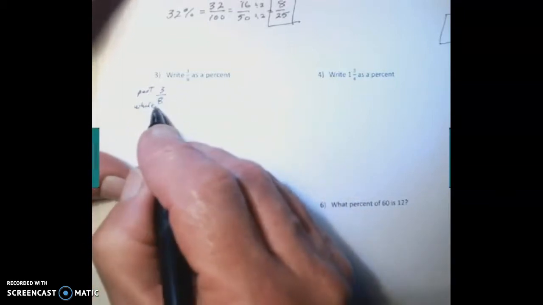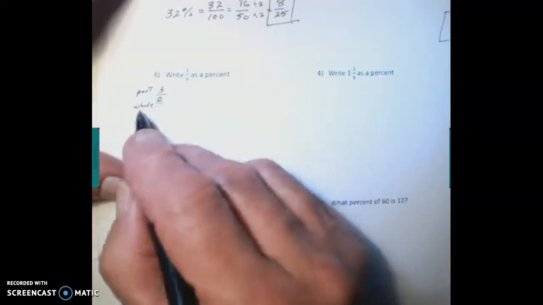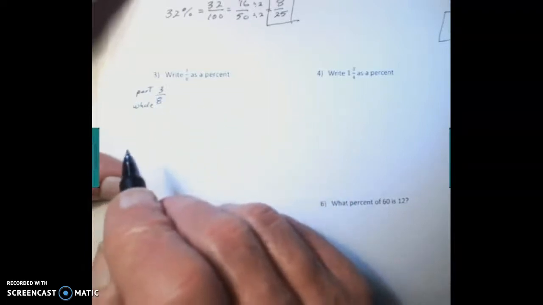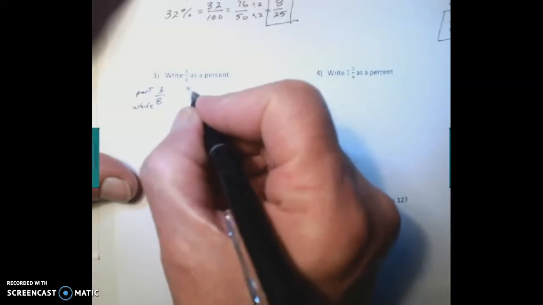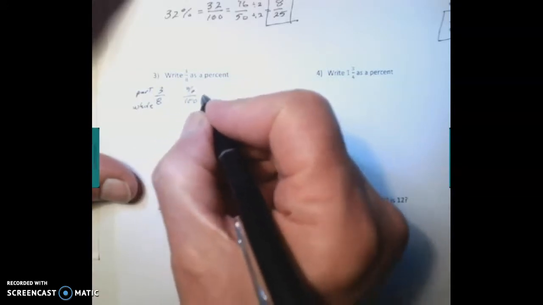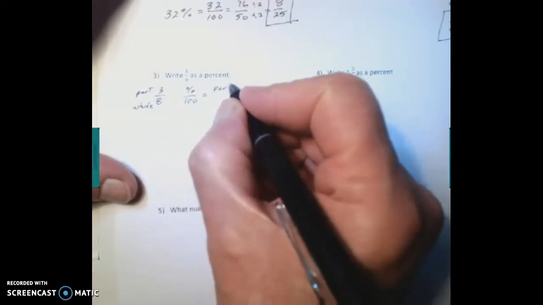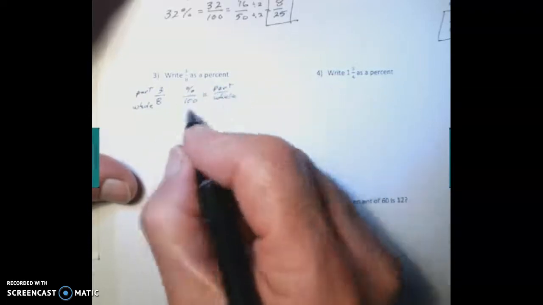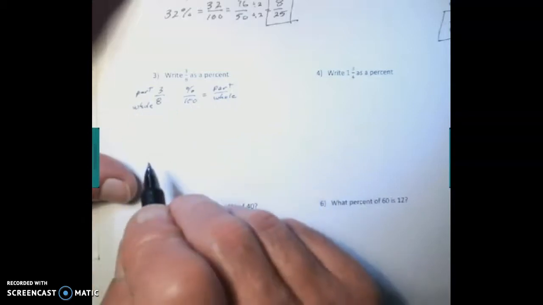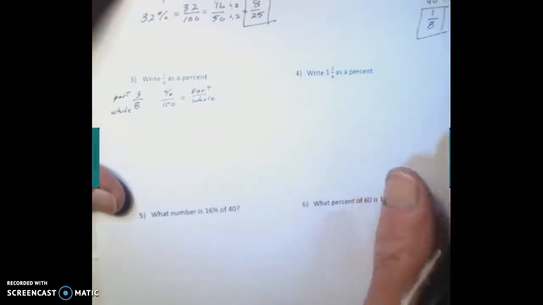That's part over whole. That applies to what we've been using in the percent proportion. Our percent proportion was percent over 100 is equal to our part over our whole amount. So we can use this to change this into a percent.